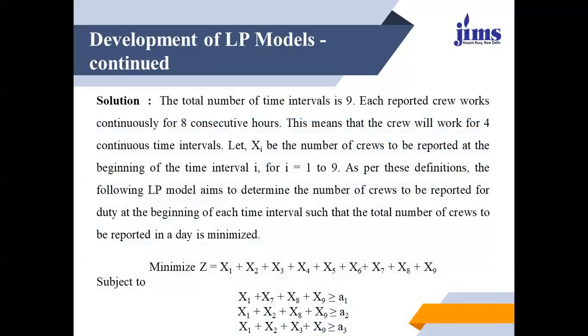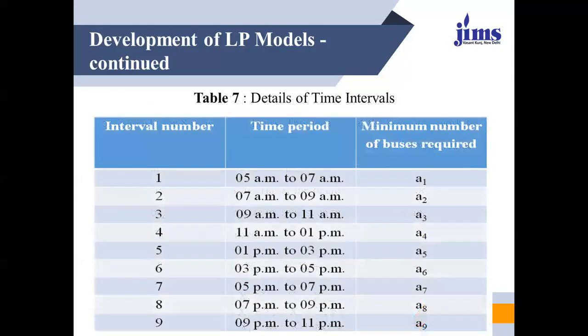So what happens? We want to minimize x1 plus x2 plus x3. Suppose the number of crews arriving at interval number 1 is x1, at interval 2 is x2. Likewise, the number of crews arriving at interval number 9 is x9.